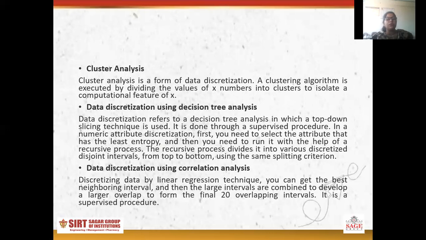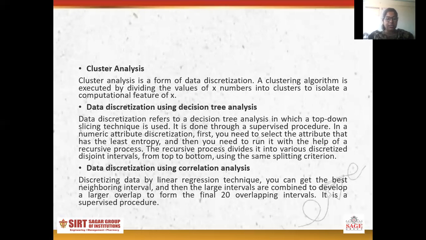First, you need to select the attribute that has the least entropy, and then you need to run it with the help of a recursive process. The recursive process divides it into various discretized disjoint intervals from top to bottom using the same splitting criteria.